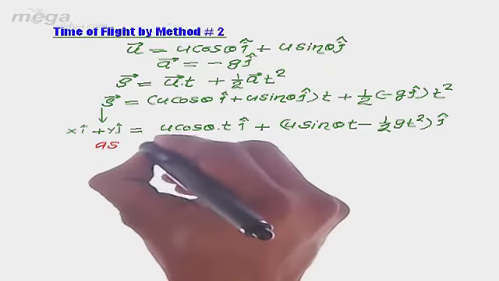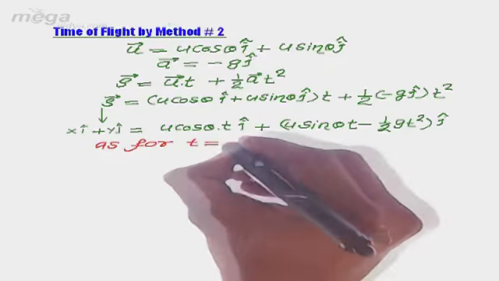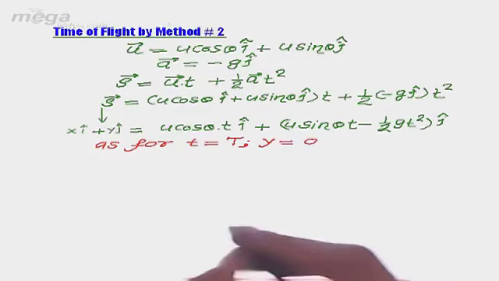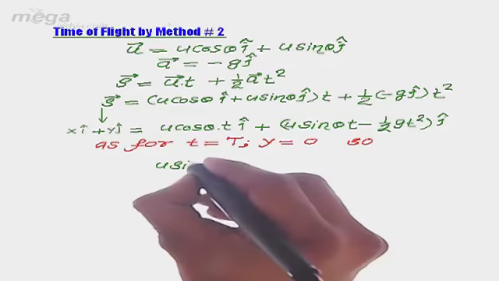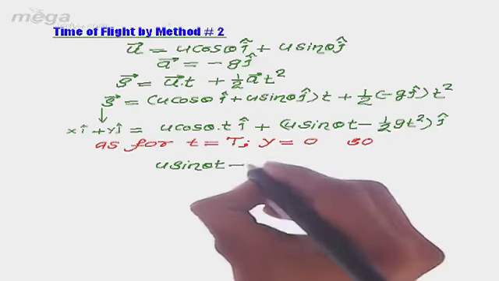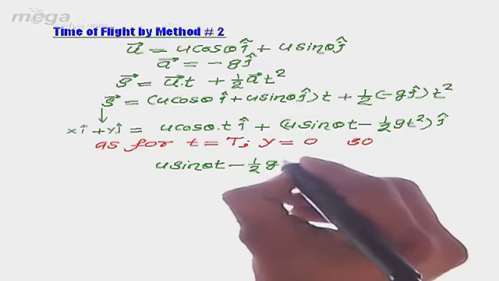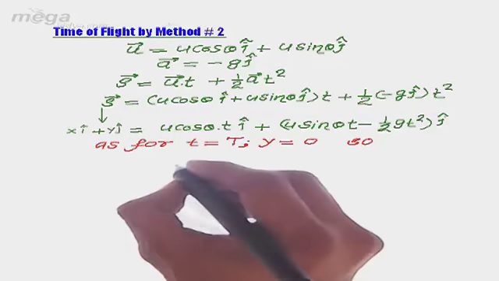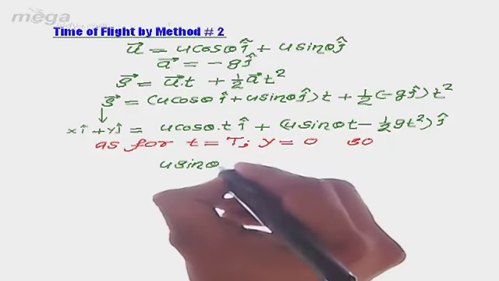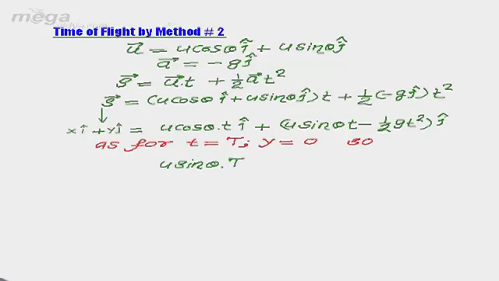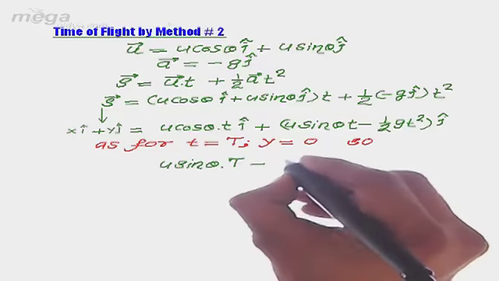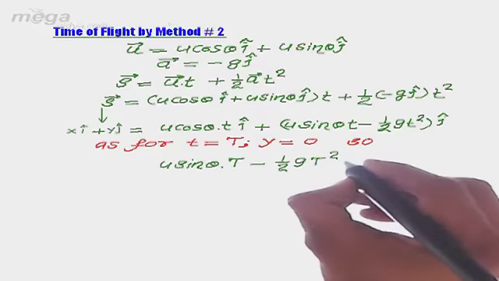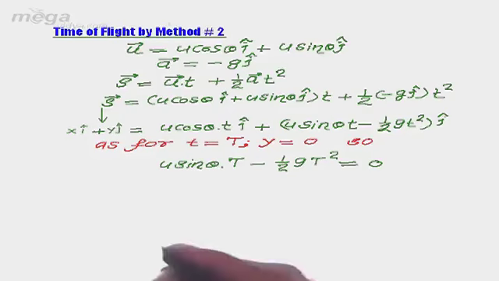Now for t equal to the time of flight, the y displacement becomes 0. So u sin theta t minus half g t squared is equal to 0. So we can write u sin theta into time, which is the time of flight, capital T, minus half g capital T squared, it has to be 0.